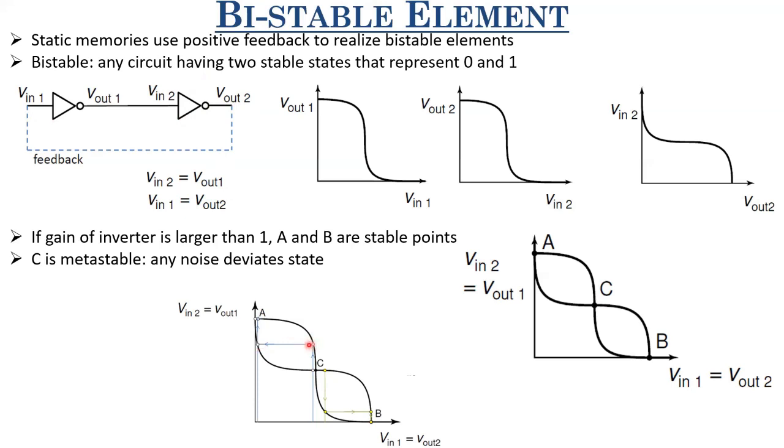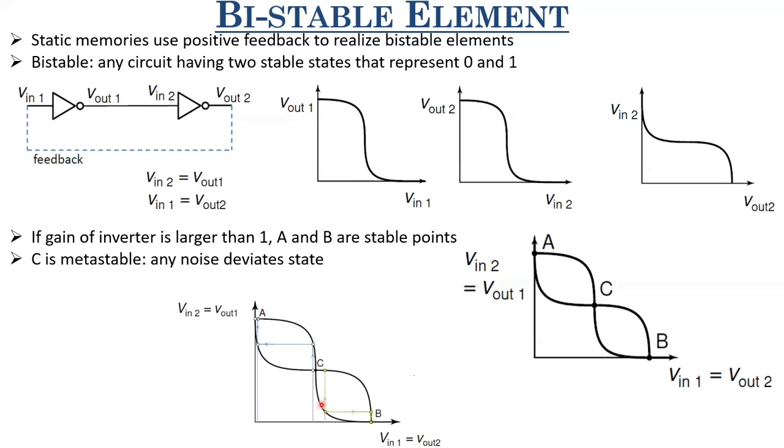I don't know if it is making sense to you guys or not, but let's talk about this C point. We biased the system at VDD by 2. There will always be some noise, and it deviated it towards the left. Noise amplitude is negative. Since it's deviated towards the left, V in 1 is less than VDD by 2. With V in 1 less than VDD by 2, what is V out 1?